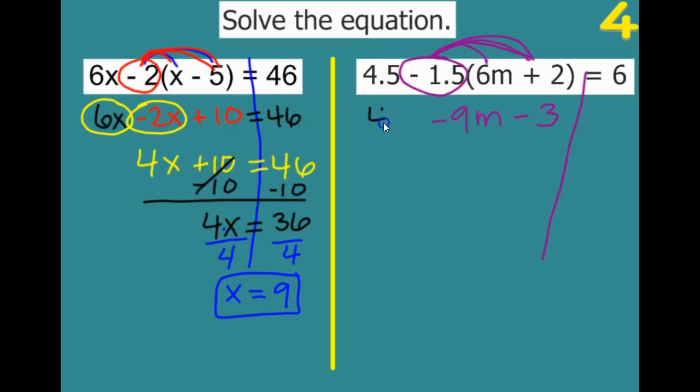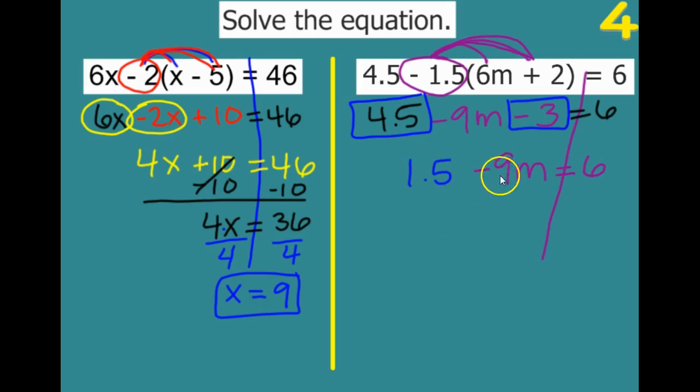Write the rest, we have a 4.5 over here, equal to 6. So I don't have any like terms with the m's, but I can combine 4.5 minus 3. That will give me 1.5, and then write the rest. Minus 9m equals 6.